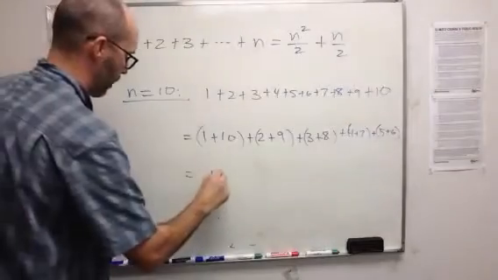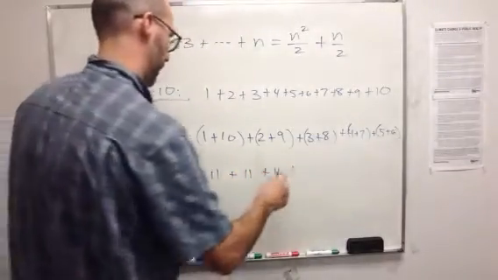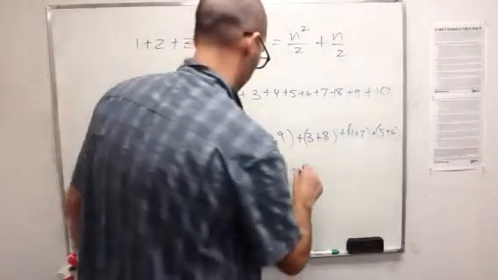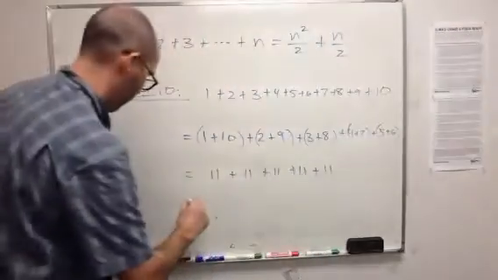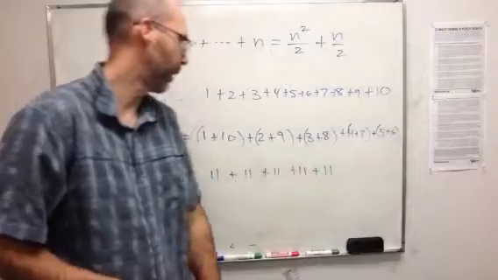Each pair is 11, so now you've got 11 added to itself 5 times.